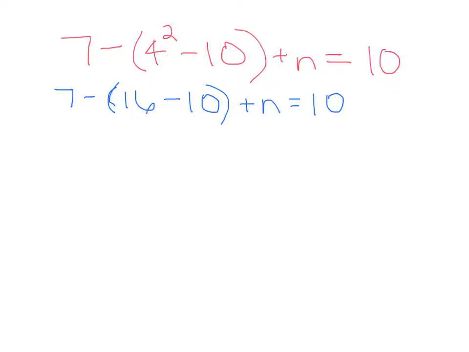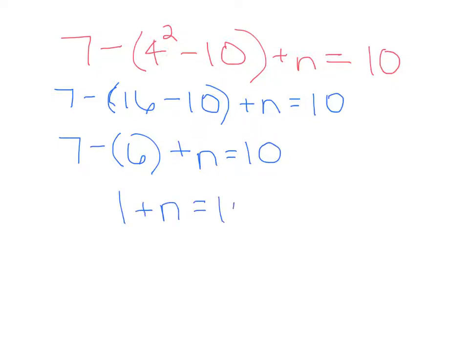So we still continue with inside the parentheses. 7 minus 16 minus 10 is now 6 plus n equals 10. 7 minus 6 is 1 plus n equals 10.